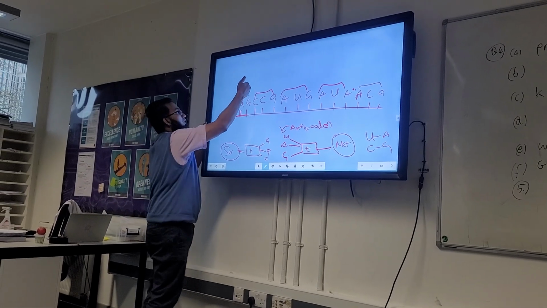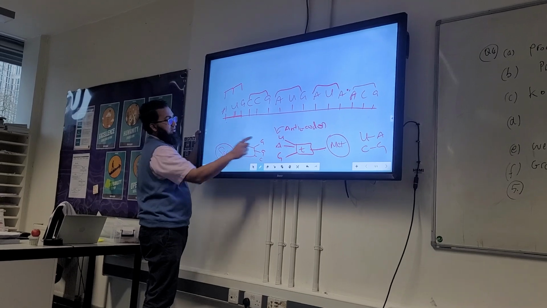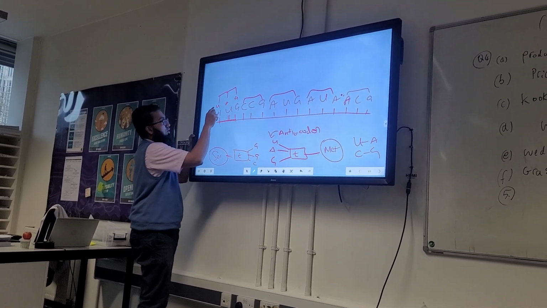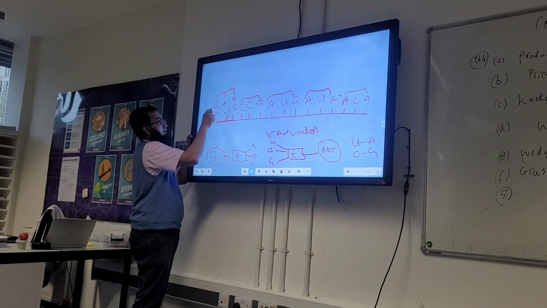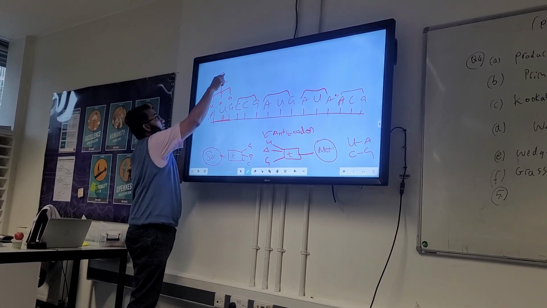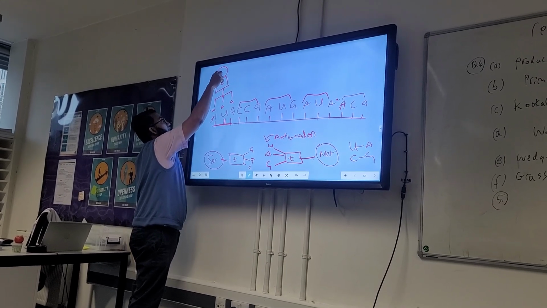Over here we have our tRNA, and this is the anticodon, UAC, complementary base pairing, codon, anticodon. This is my tRNA, and it has brought my amino acid, MET.